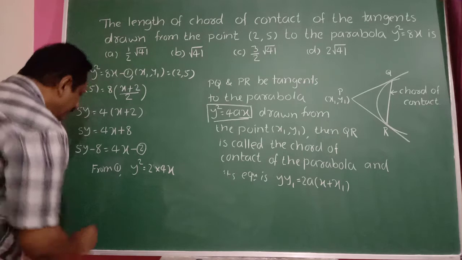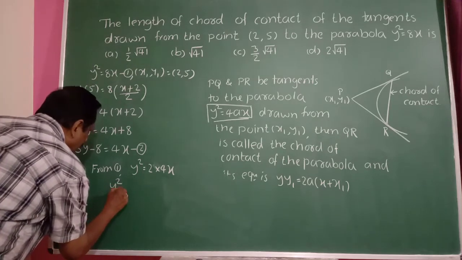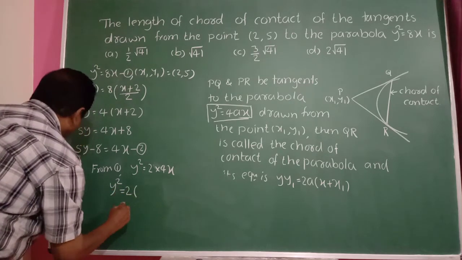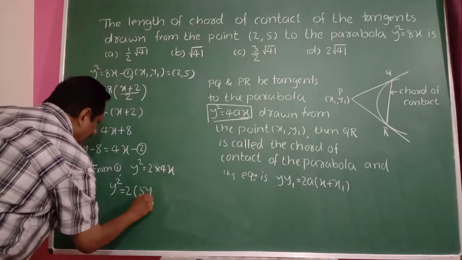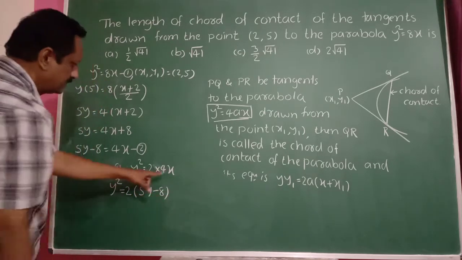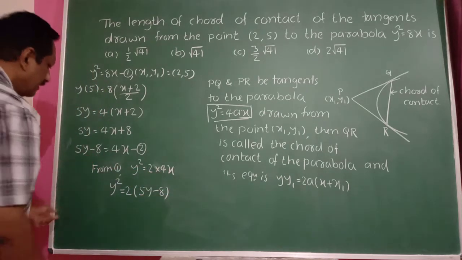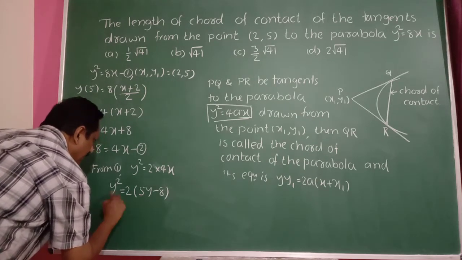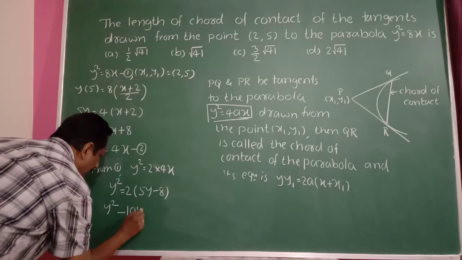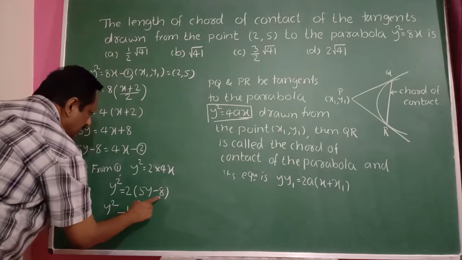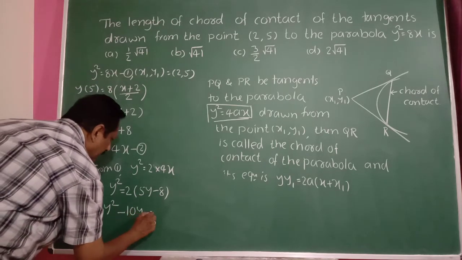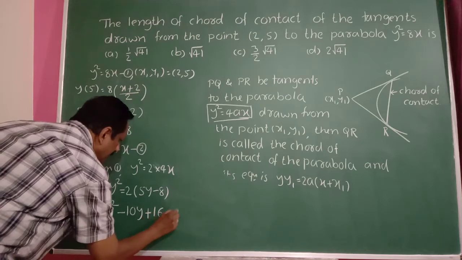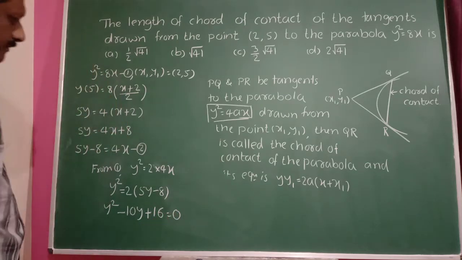Therefore, y squared equals 2 into (5y minus 8). Just replace 4x by this. Therefore, y squared equals 10y minus 16. Take 10y to the left side: minus 10y. Take minus 16 to this side: plus 16 equals 0.